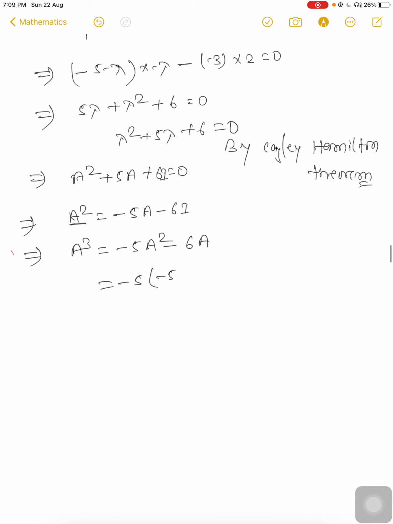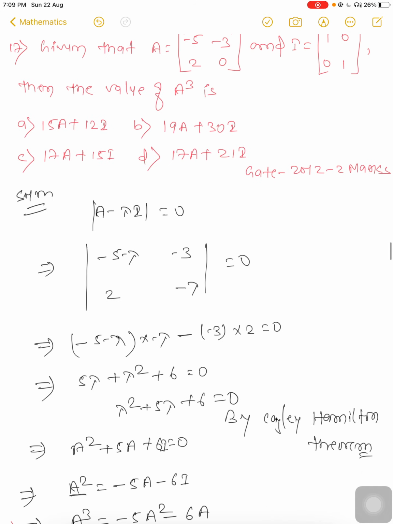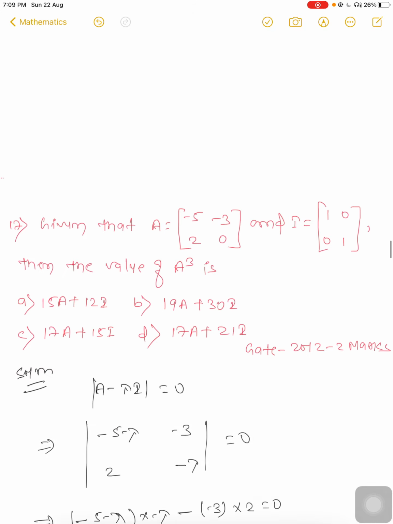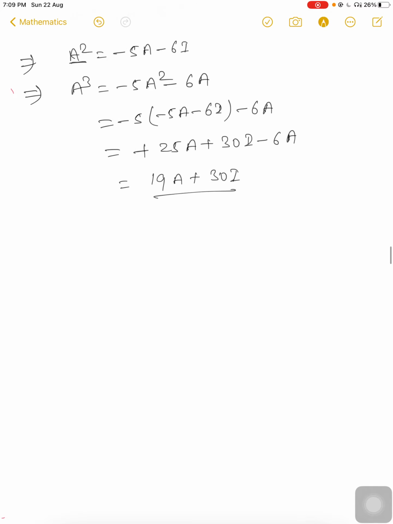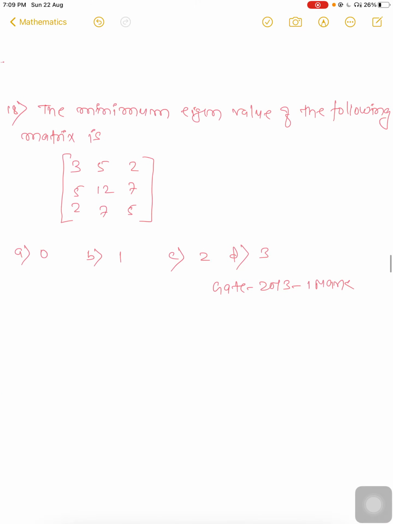Put the value of A square from here: minus 5 into minus 5A minus 6I, minus 6A, which is plus 25A plus 30I minus 6A, so 19A plus 30I is the answer. So option B will be the right answer.